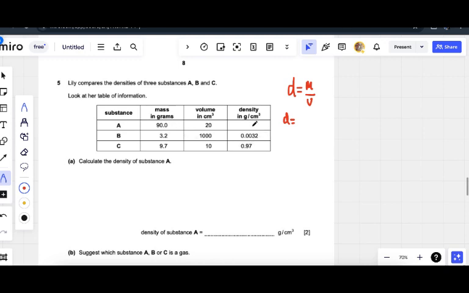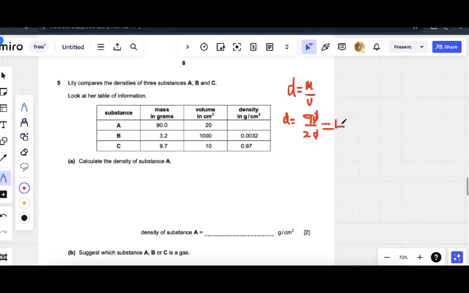So the mass of A is 90 grams, right? So we say 90 divided by the volume, which is 20 centimeter cube. 90 divided by 20, we get 4.5, because we cancel this 0 with this 0, 9 divided by 2 we get 4.5.